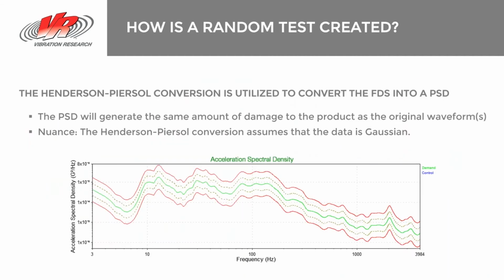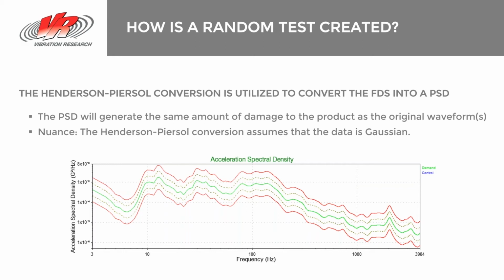Once I have a fatigue damage spectrum, I need to convert that into a PSD. And some gentlemen by the name of Henderson and Pearsall came up with a conversion originally designed to convert from the PSD into the FDS for purposes of test acceleration.